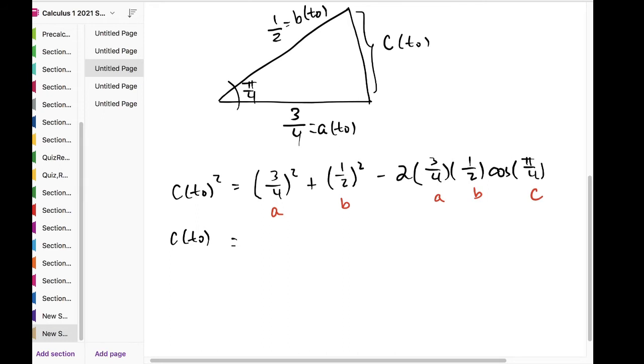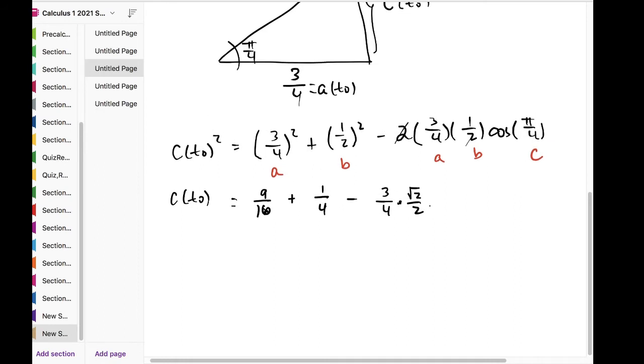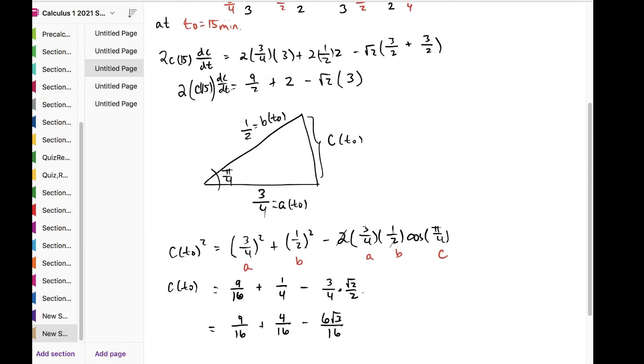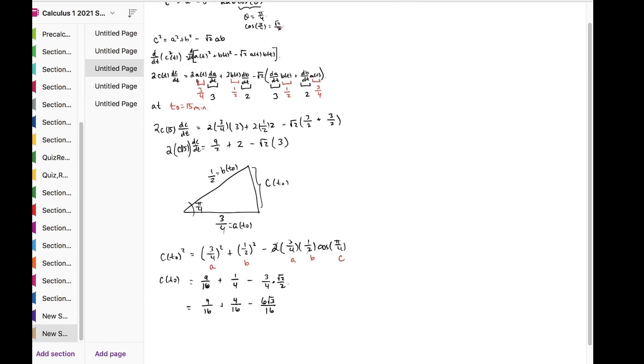So that's 9/16 plus 1/4. So that cancels. We get 3/4 root 2 over 2. Nine 16ths. Might as well start doing common denominators. 4/16, and then 6 radical 2 over 16. Squared.